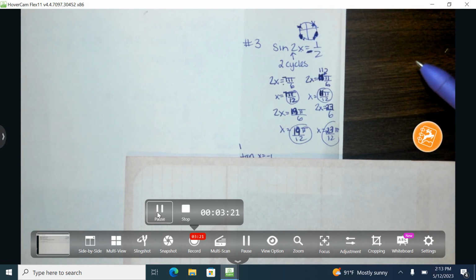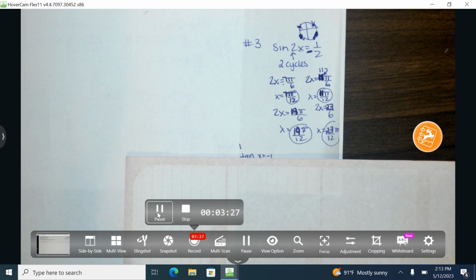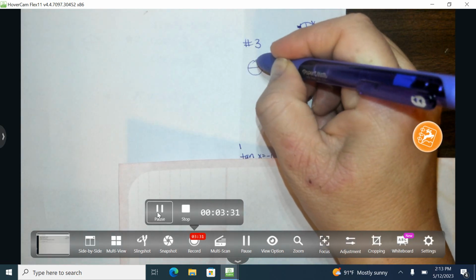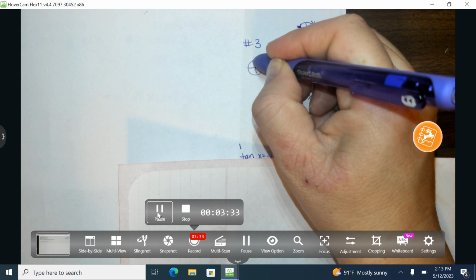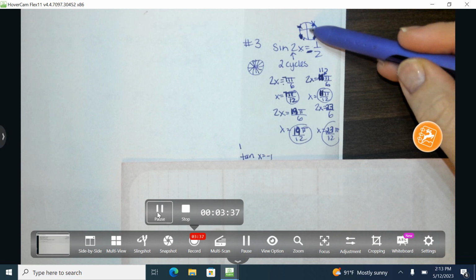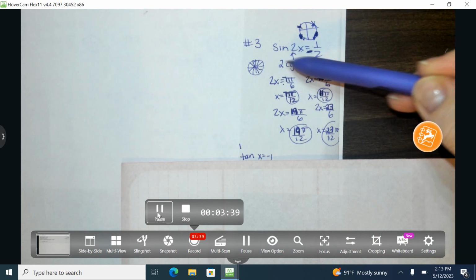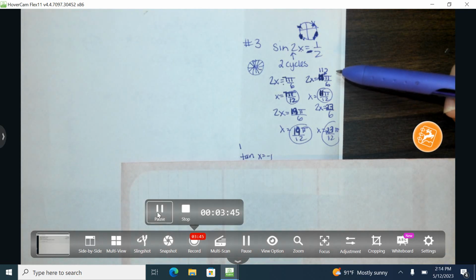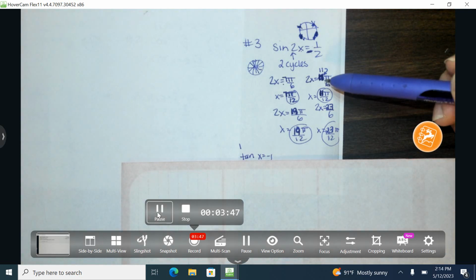Okay, we just did one cycle around. Now we need to do the second cycle around. Now, real quick, just to teach you a little trick. We are working with 30-degree increments, right? How do I know that? Because 7 pi over 6 and 11 pi over 6 have a reference angle of 30.